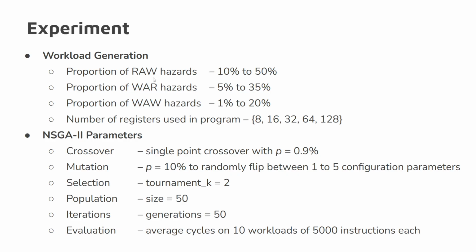Read after write hazards are uniformly selected to be between 10 and 50%, and then write after read hazards are uniformly selected to be between 5 and 35%, and then write after write is chosen to be between 1% and 20%.